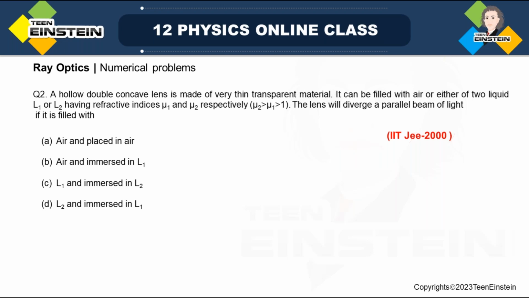The lens will diverge a parallel beam of light if it is filled with air and placed in air, or immersed in liquid L1, and L1 immersed in L2, etc. You can see mu2 is greater than mu1, and that is greater than 1.